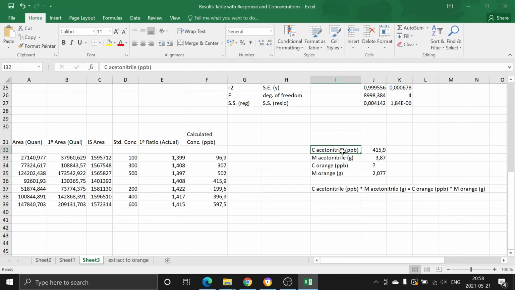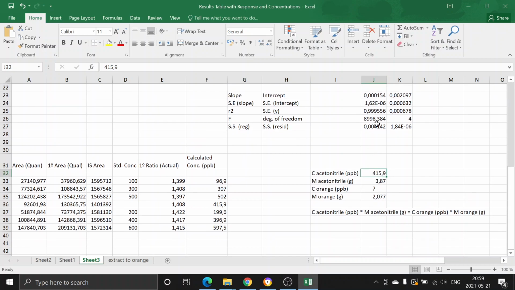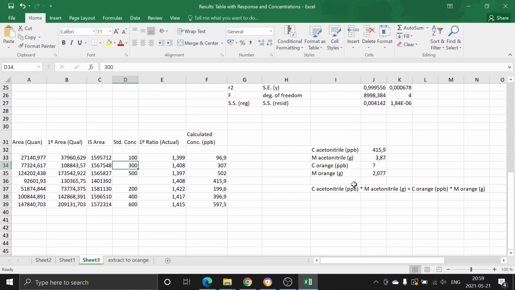And this concentration of imidazolil in acetonitrile is already calculated by this slope, intercept, and response value. Response is not written here, but it can be easily calculated. So M orange is the mass of the puree.